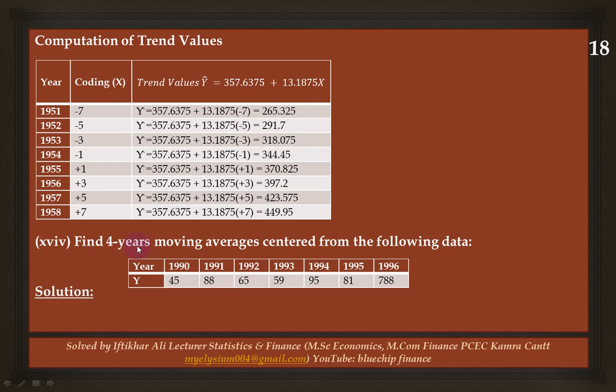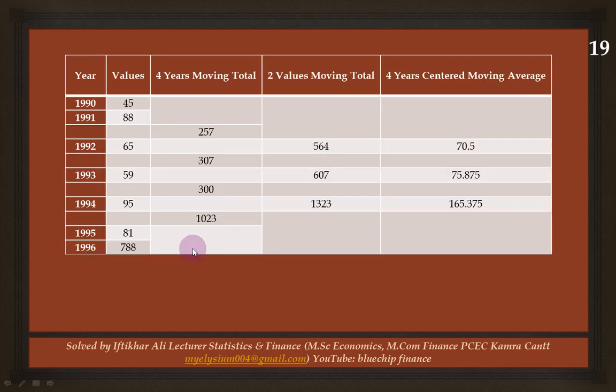Next question: find 4-year moving average centered from the following data. First of all, here are the years, here are the values. It is the case of 4-year moving centered average. So we skip 2 values from the downside and 2 from the upper side, and in the middle of the subsequent values we add up the total: 45 plus 88 plus 65 plus 59 equals 257.